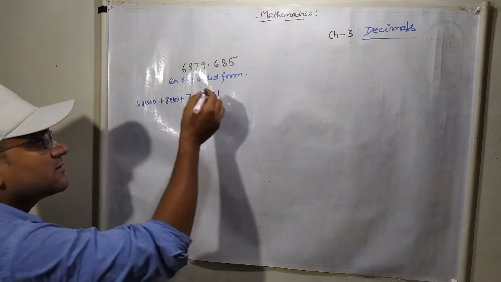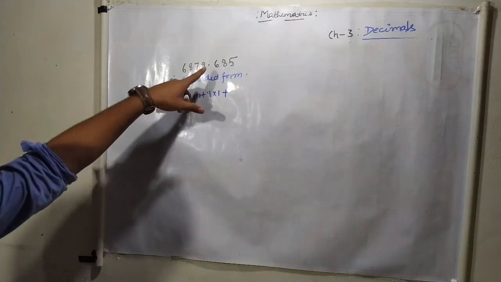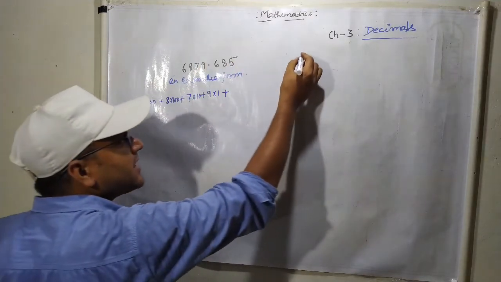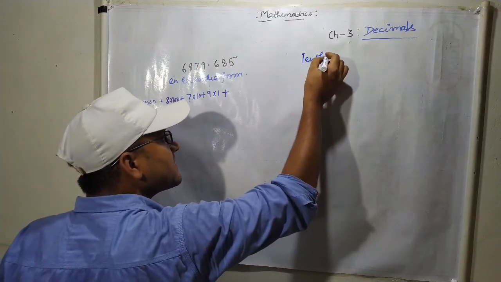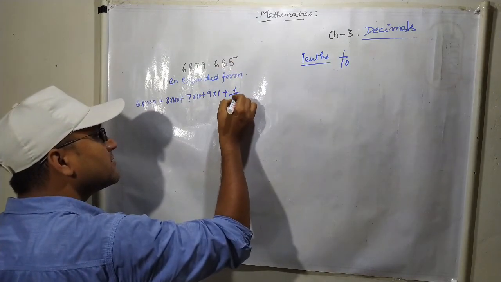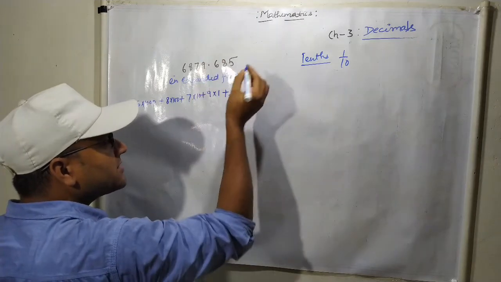And then after the plus, the point I am not going to write. Okay, 6, what is the place value of 6? 6 is in the tenths place. Tenths means 1 upon 10. Here is the 6, so 6 upon 10. What is the place value of this 8 after the decimal?